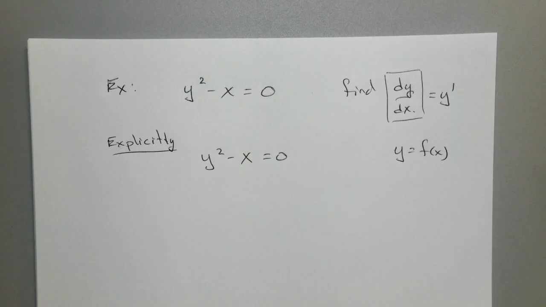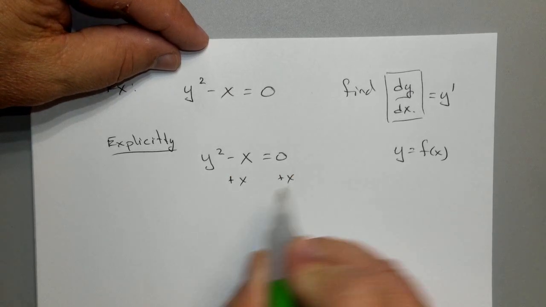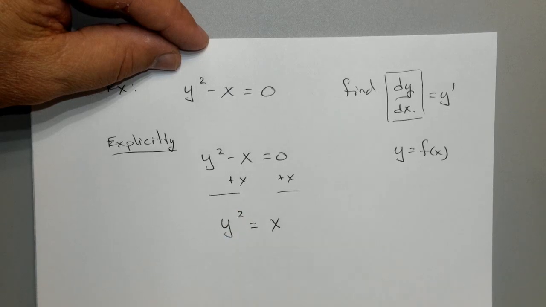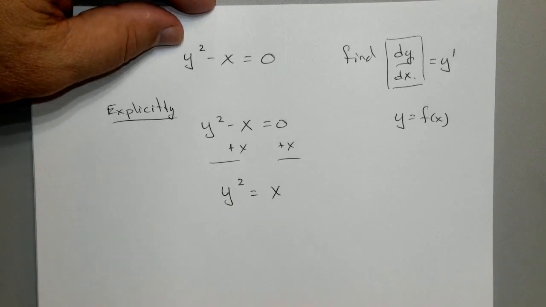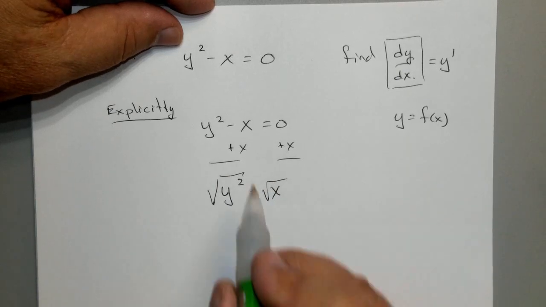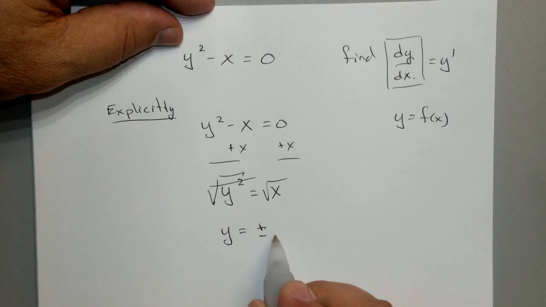Y equals some function with respect to x. So we add x to both sides. Square root both sides. And that gives us y equals plus or minus square root of x.